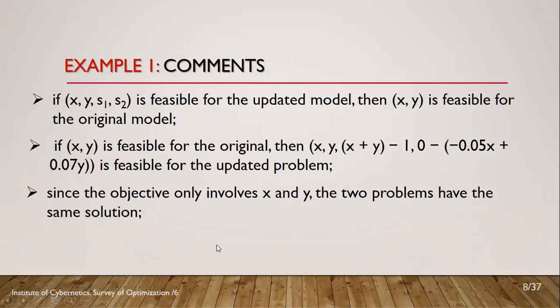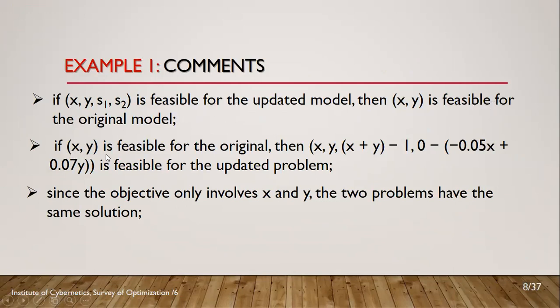It is important to mention that if the quadruple x, y, s sub 1, s sub 2 is feasible for the updated model, then the pair x, y is feasible for the original model.